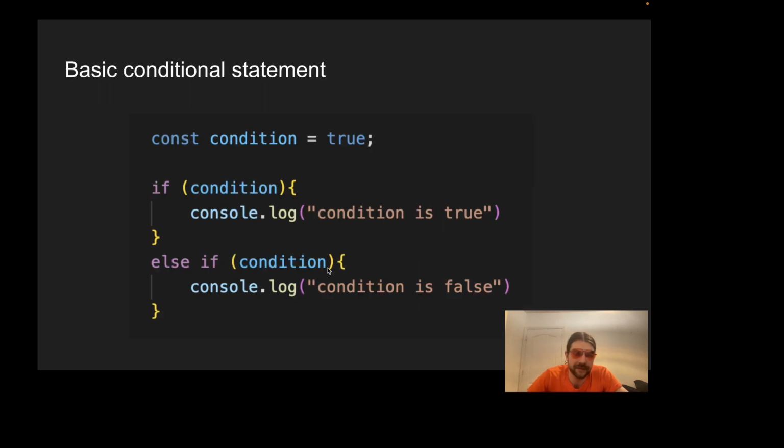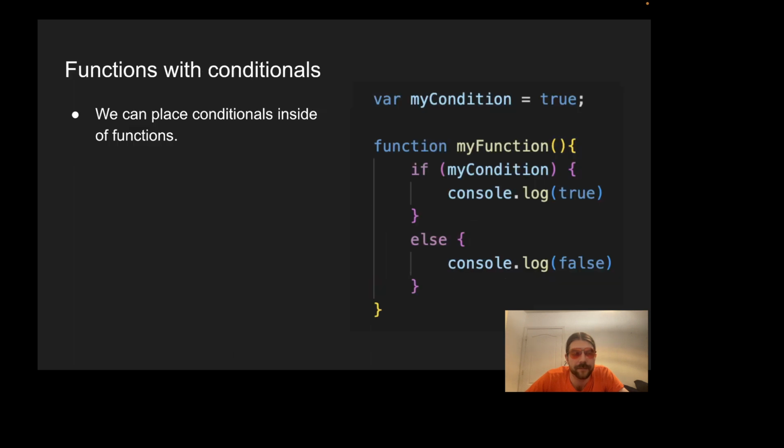We have a basic conditional statement, if something else, this is actually not written correctly here, but anyway, we can go ahead and place the conditional inside of the function like this. So this way we're making use of both the function and the conditional statement.